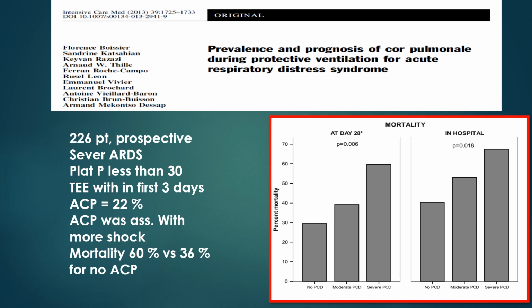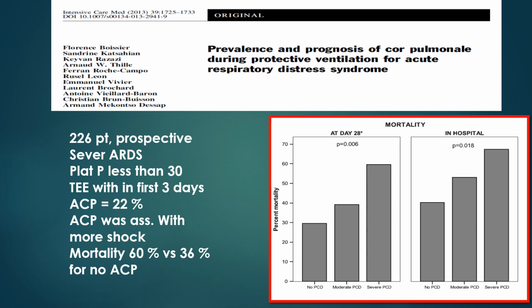This problem was found to be very common. One piece of literature showed, in a prospective study of 226 patients with severe ARDS, their plateau pressure was less than 30.